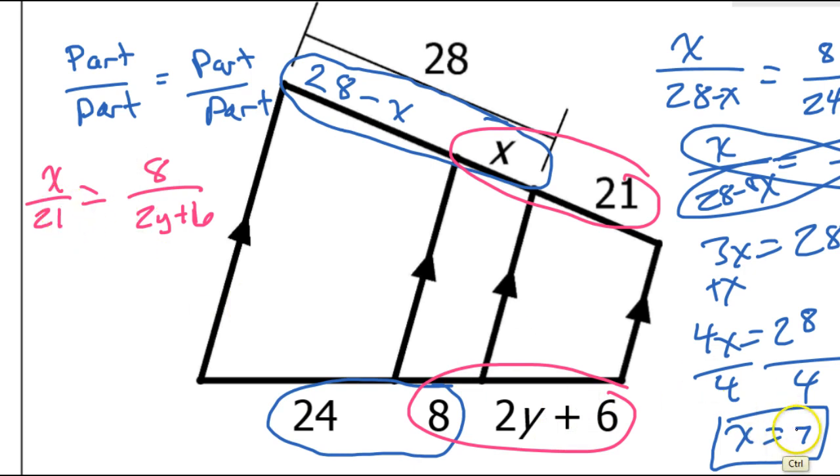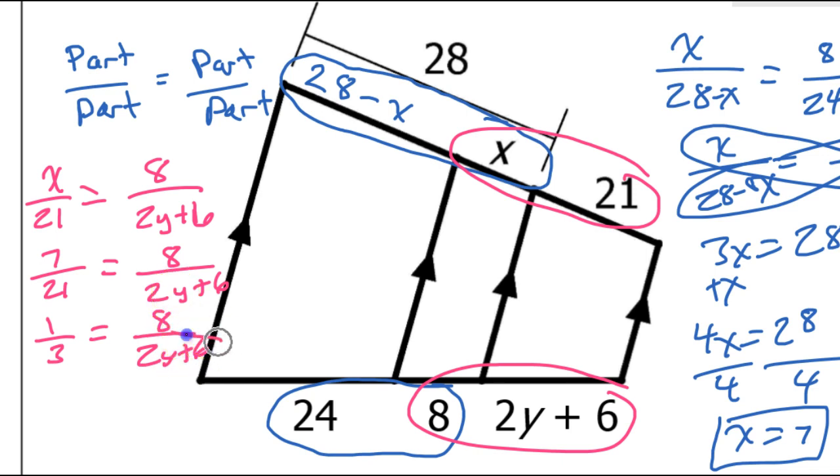However, we know what x is this time. We know that x is equal to 7. So this makes 7 over 21 is equal to 8 over 2y plus 6. This reduces down to 1/3.